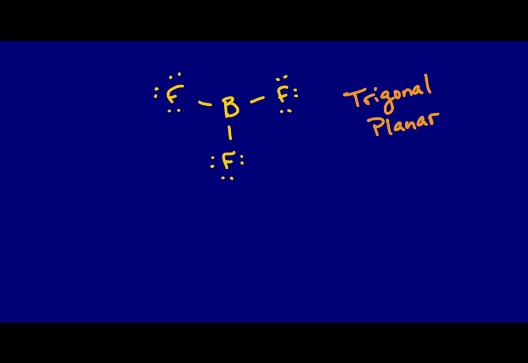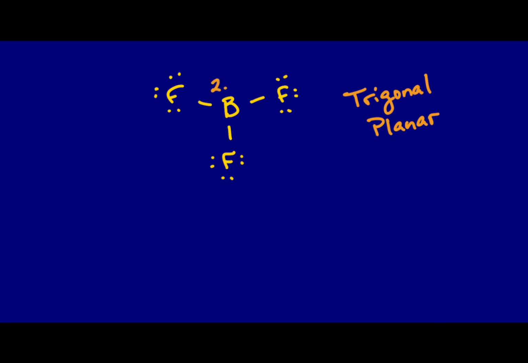Now, the bond angles in a trigonal planar shape, for each of these bond angles, is 120 degrees. So this is a symmetric shape because it's cut into 3 pieces. When we think about the polarity overall, that is going to be very important. Let's first figure out what the individual bond polarity is.